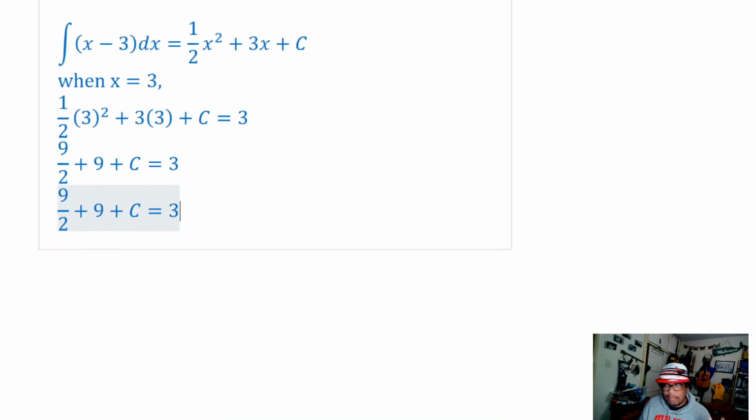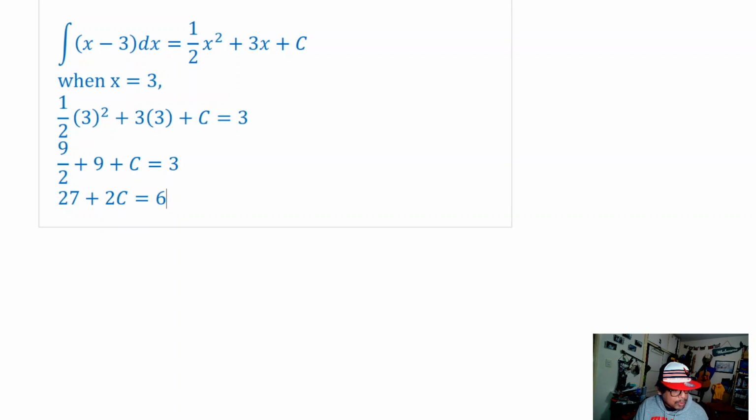Well, you know, quick in quotes there. We got 9/2 plus 9 plus constant is equal to 3, which is the same as 9/2 plus 18 over 2 plus 2c over 2 is equal to 6 over 2. So 27 plus 2c over 2 is equal to 6 over 2.